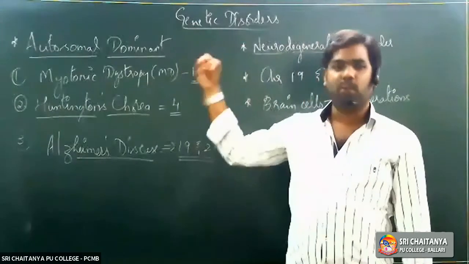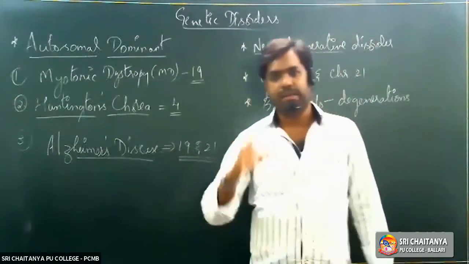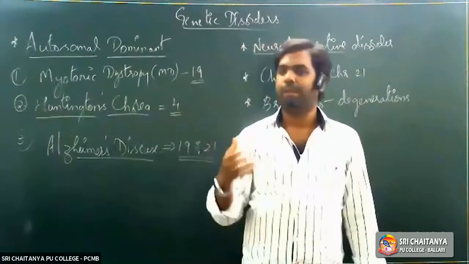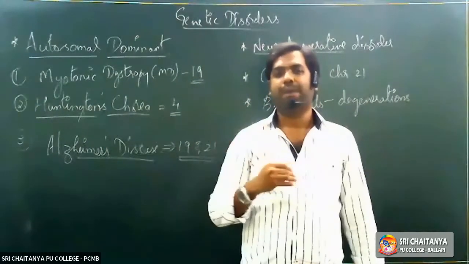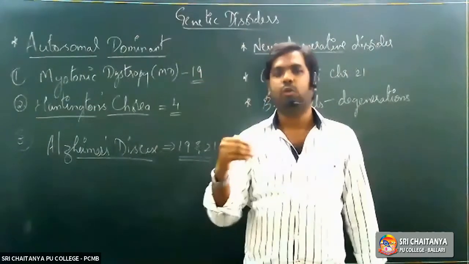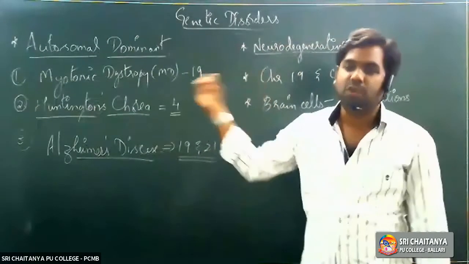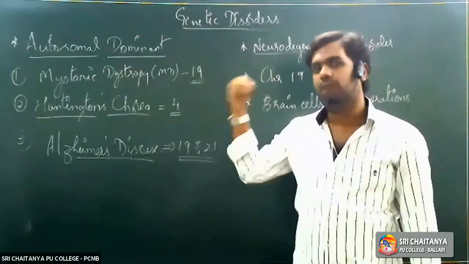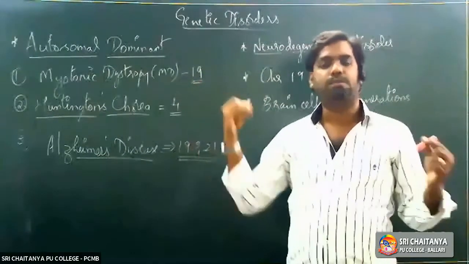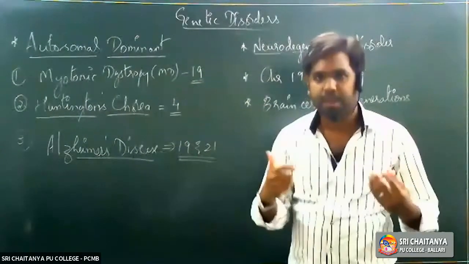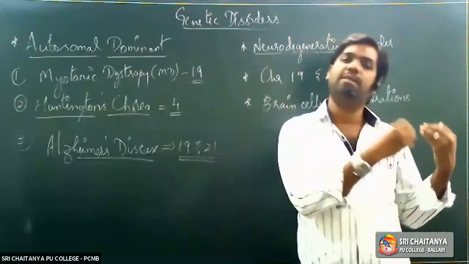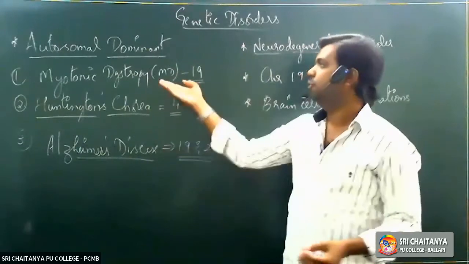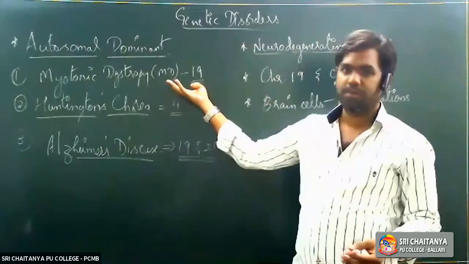There is contraction of muscles happening, but no relaxation of muscles. Over a period of time, it would gradually lead to improper functioning of the muscular system, where the muscles start becoming weakened, and there is also loss of muscle mass or muscle density. That is the first disorder, myotonic dystrophy.